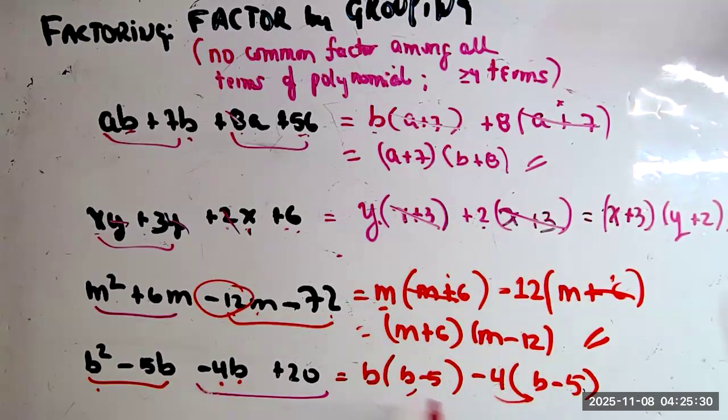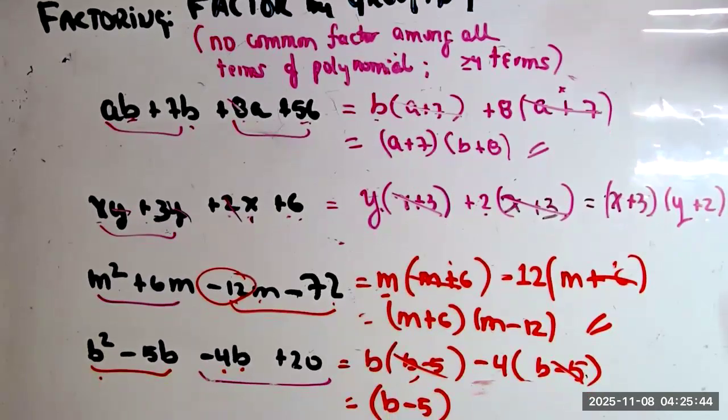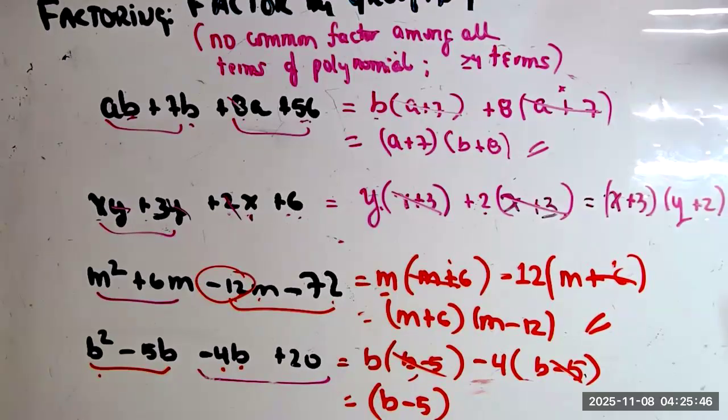Negative 4 times b is negative 4b, negative 4 times negative 5 is positive 20. Okay, so notice now that b minus 5 is the greatest factor. So we factor out completely as one term, b minus 5. Now we leave behind b minus 4.